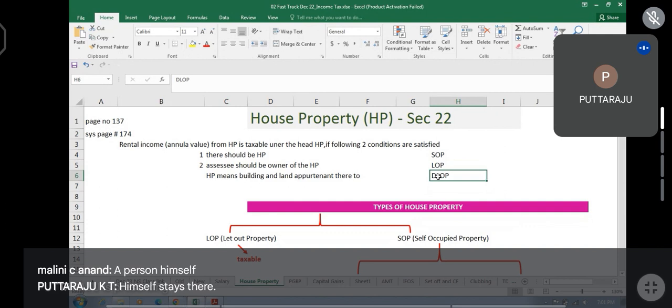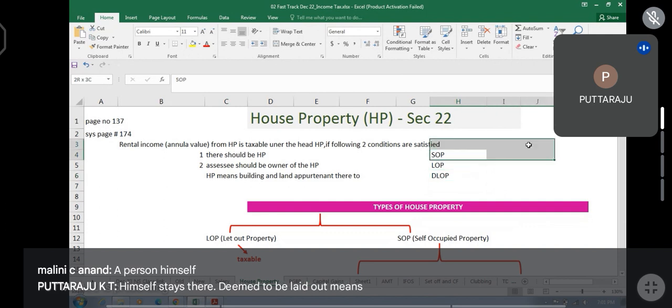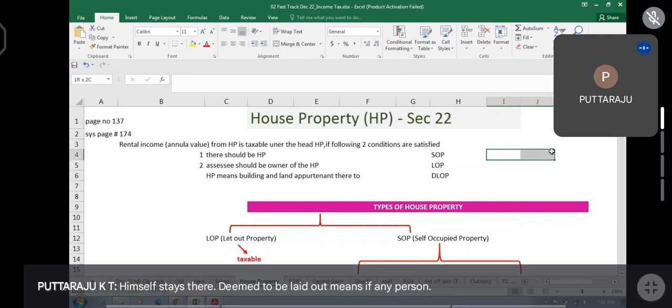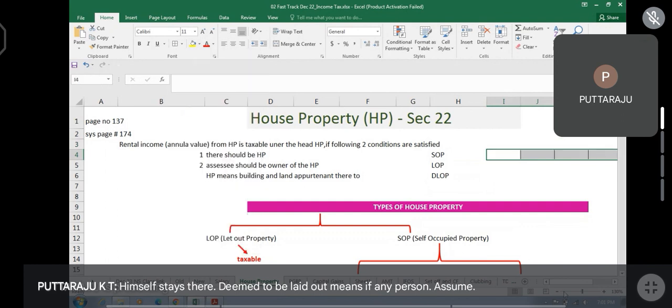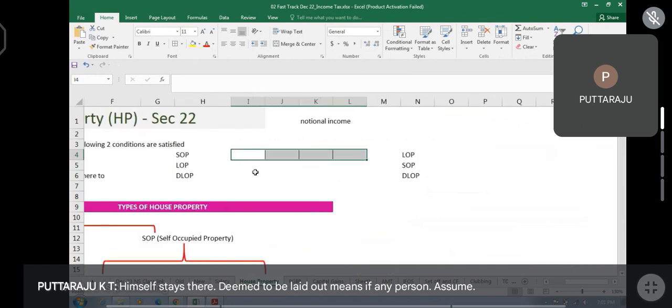Deemed to be let out means, assume he has 4 houses. 1, 2, 3, 4. In all these 4 houses, he is self-occupied. Yes, self-occupied.